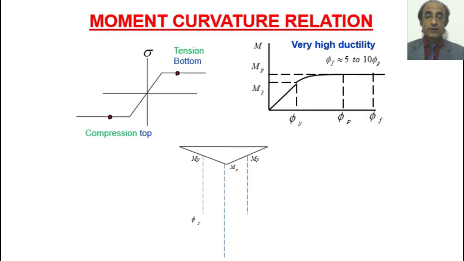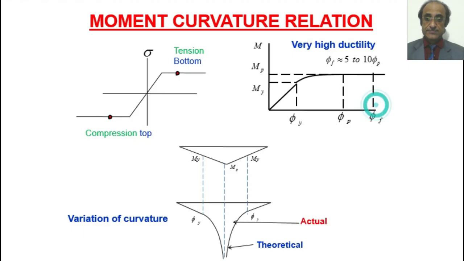Typically, rupture happens at curvatures which are at least 5 to 10 times the plastic curvature. So theoretically, if we use the moment curvature relationship that we have derived, it appears that the curvature variation along the length of the beam would be like this. But the actual variation is something like this. Why does this happen?